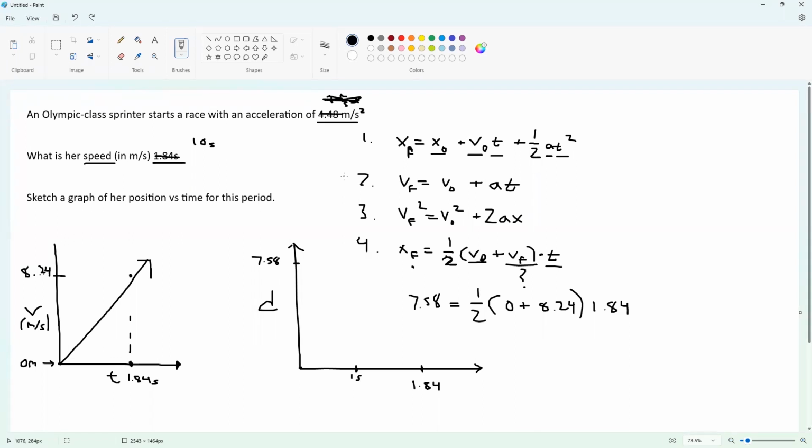That would change the final distance and the final velocity. Yeah, it'll change both.